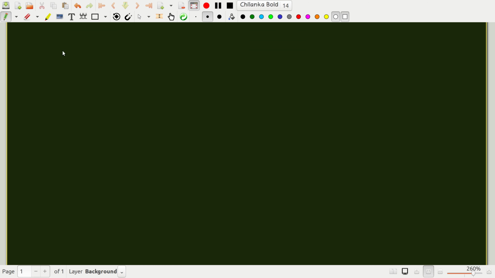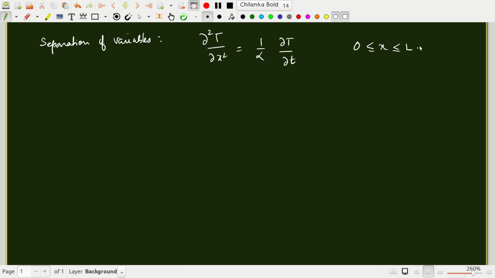So let us consider, we'll use separation of variables to solve this PDE. Now x belongs to 0 and L, the domain is L, and time t greater than 0.